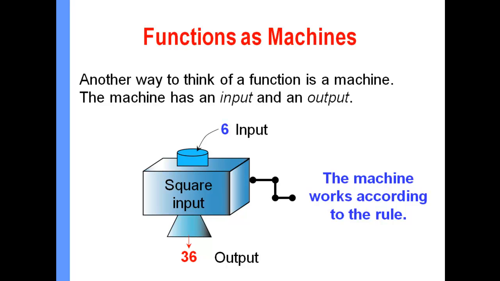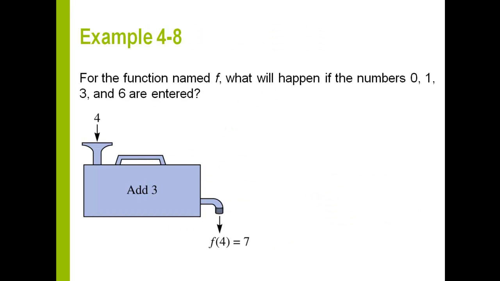So we input the number 6, and then inside the machine 6 is squared, and so the output is 36. So let's look at another machine. So we're going to input 4, and then the rule is to add 3. So that's going to happen in the machine. So then we have 4 plus 3, and we get an output of 7.